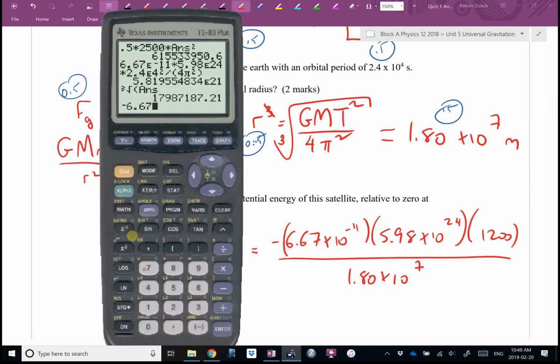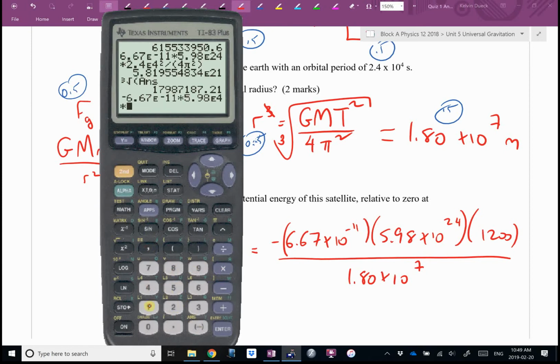Negative 6.67 times 10 to the negative 11 times 5.98 times 10 to the 24th times 1200 divided by answer button, not squared. Squared would be if they wanted me to find the gravitational force between the Earth and this particular satellite.